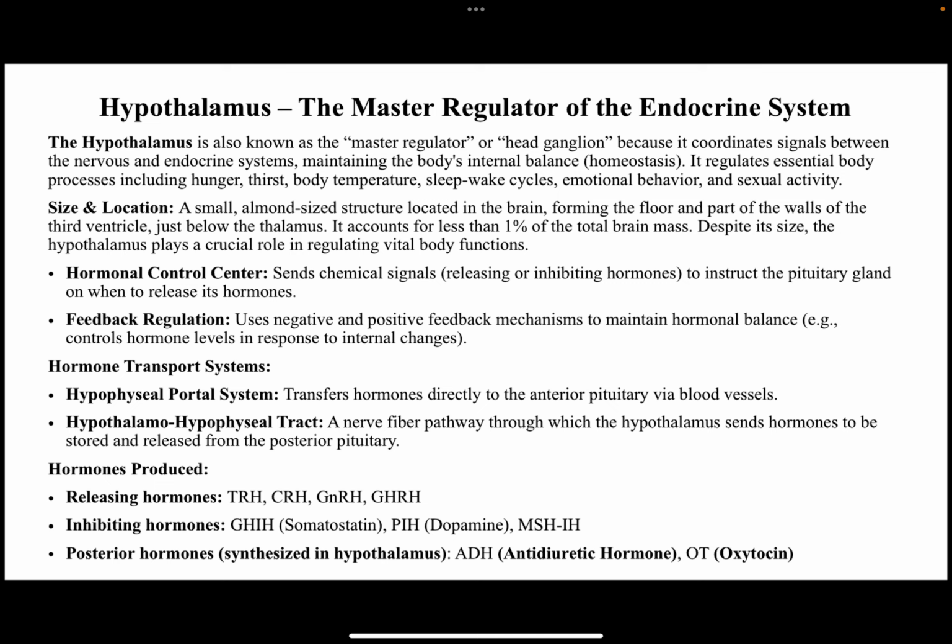They go through that pathway. They are synthesized in the hypothalamus and transported, then sent to the posterior pituitary for storage. That means that there is a neural connection, a connection using a nerve fiber, between the hypothalamus and the posterior pituitary.